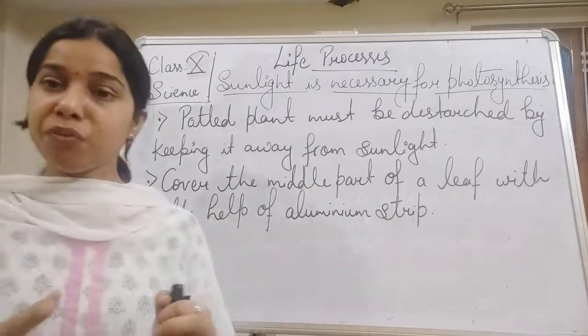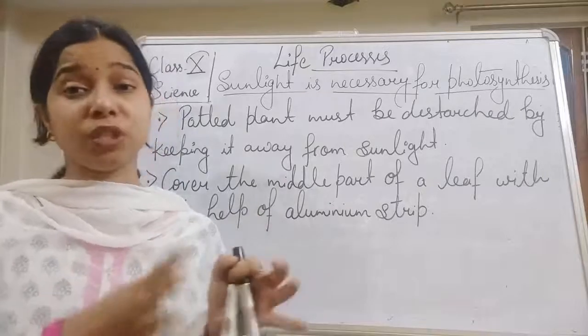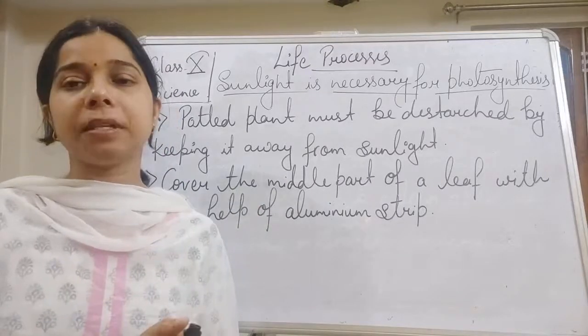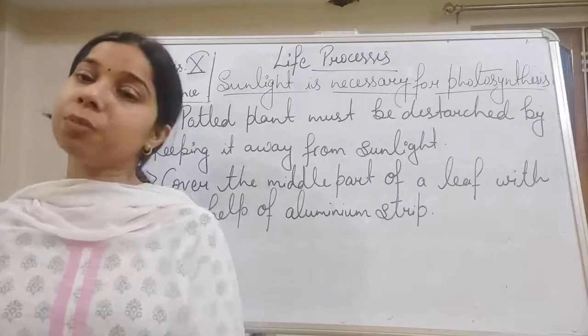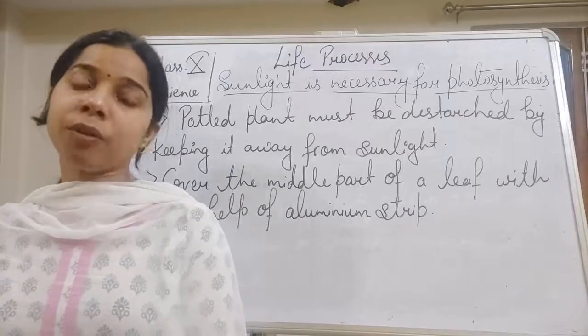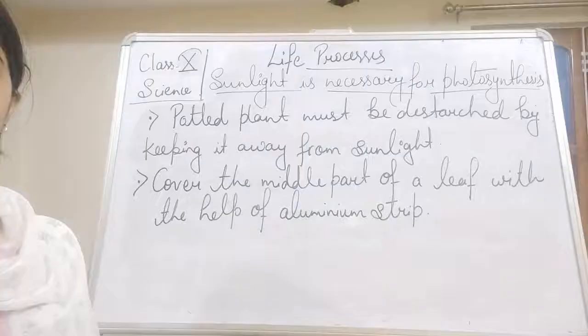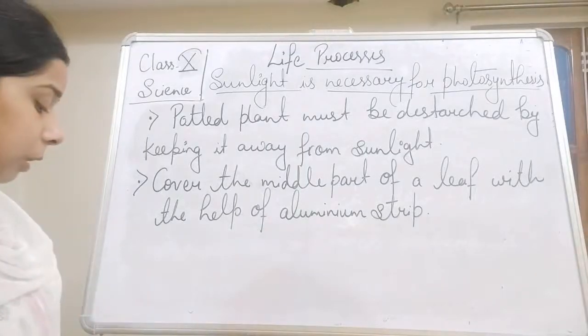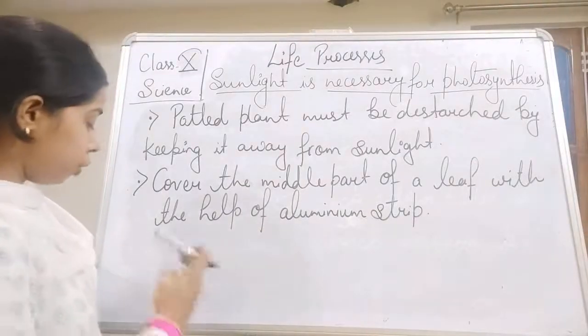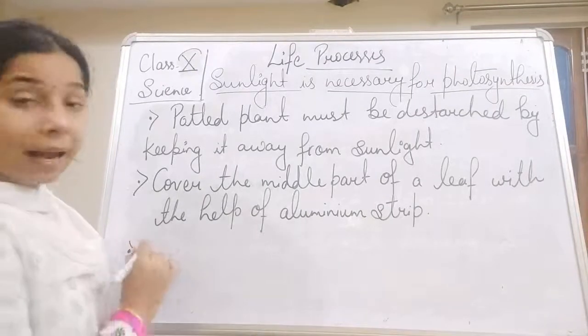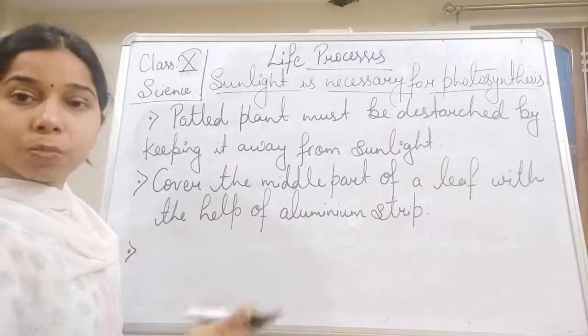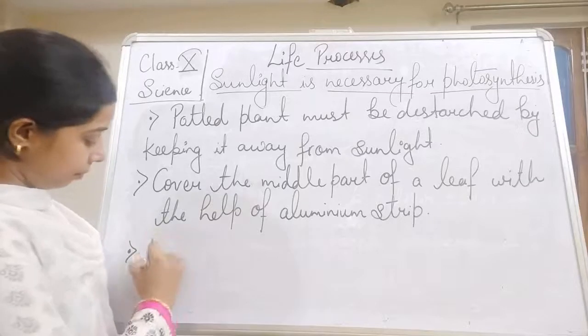Now what we will do, we will take that potted plant which we had kept away from the sunlight and again expose it to the sunlight. We will take it out to where it will get a sufficient amount of sunlight, student. Okay, so the third step is, we are going to keep this potted plant outside, exposed to the sunlight.